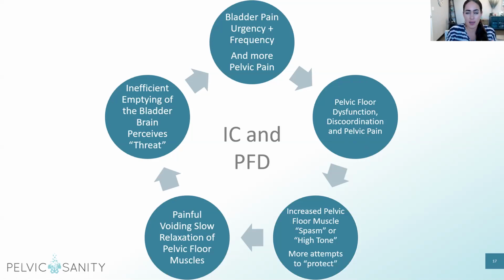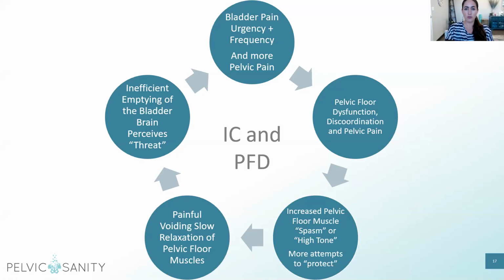There are even more attempts then to protect this area, because it doesn't want to have what just happened, either a fall or a surgery. There's inflammation, now there's more pain, now we're trying to protect again. And because these muscles control urination and defecation, if you have a high tone pelvic floor, then you can end up having a discoordination when you go to urinate.